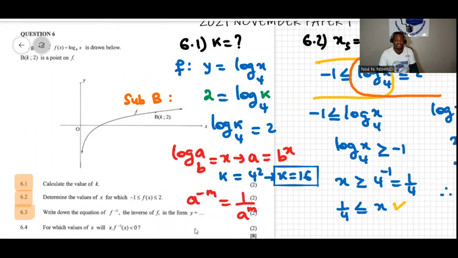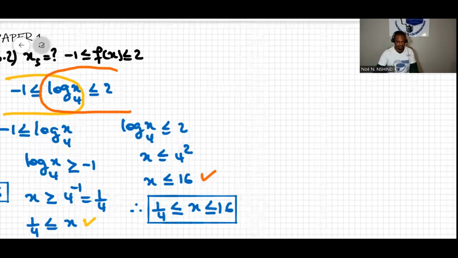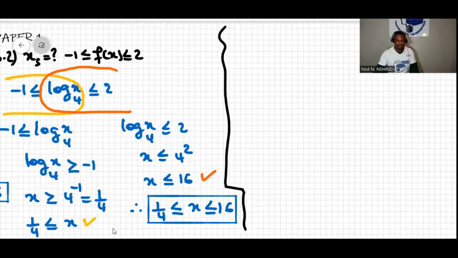The question says write down the equation of f minus 1, the inverse of f, in the form y equal to. I'll move my board like this. So 6.3.